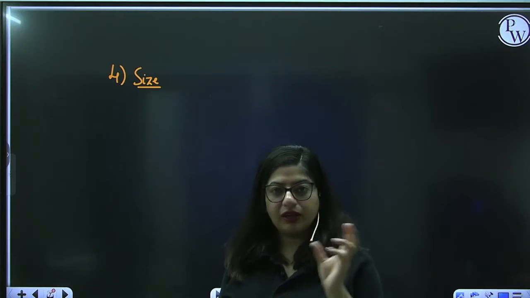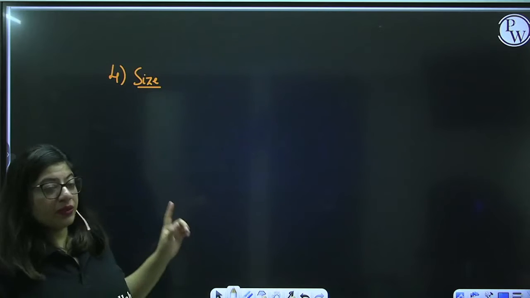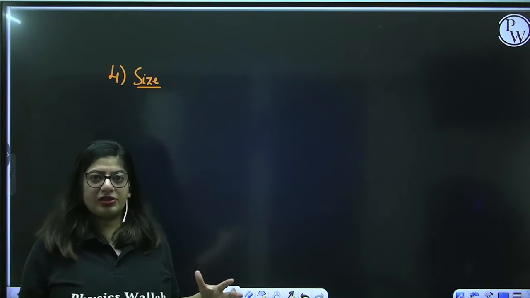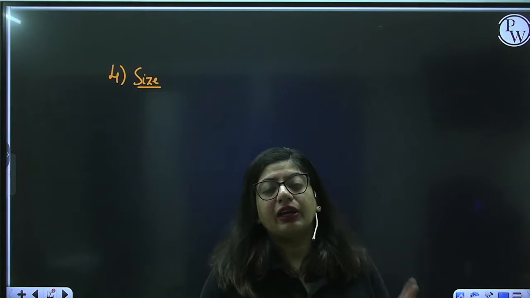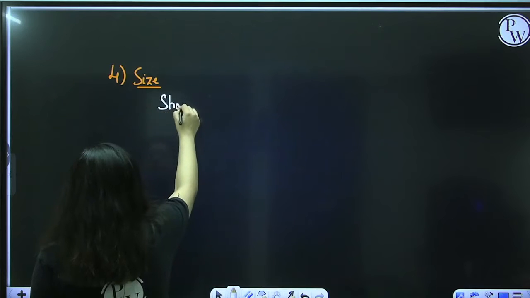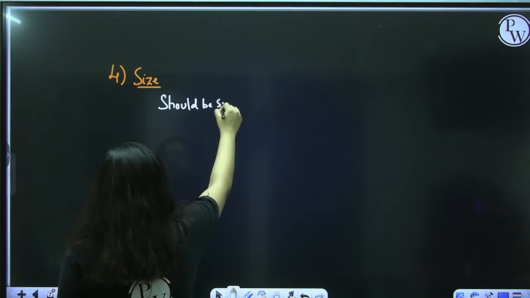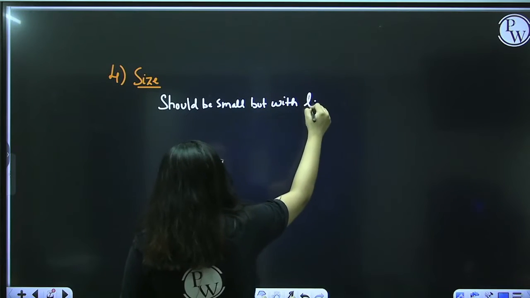Shearing means to break, and maybe it will not be able to enter into the host. But if it is of smaller size, yet has a lot of space to incorporate large foreign DNA, then it will be the good one. So the size should be small, but with a large insert range.